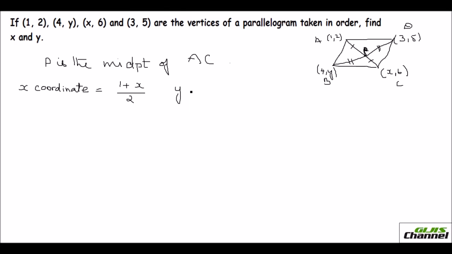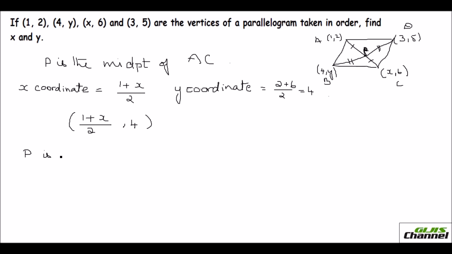And your y coordinate would be, add up the y values, so that is 2 plus 6 over 2, that is 8 over 2, which is 4. Now the point is 1 plus x over 2 comma 4.